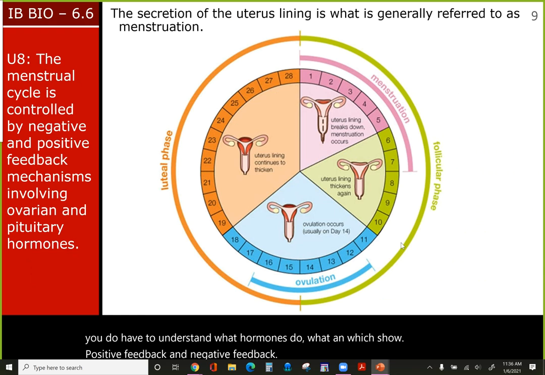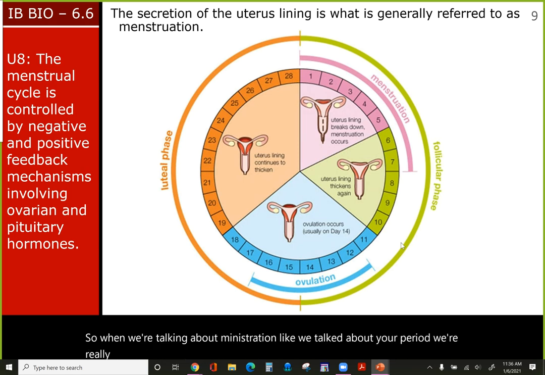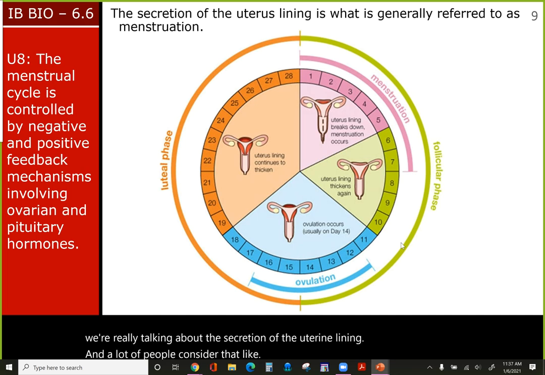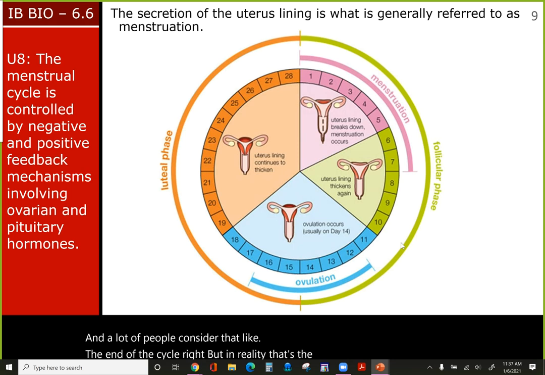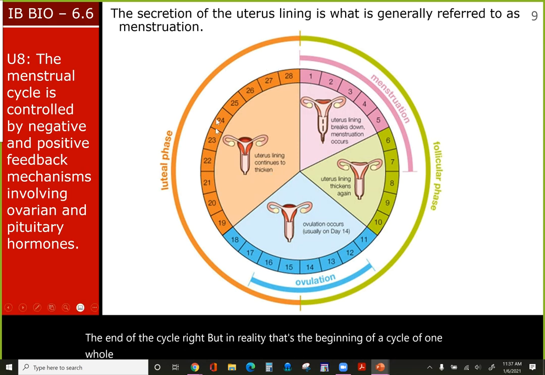So when we're talking about menstruation, like we talk about your period, we're really talking about the secretion of the uterine lining. And a lot of people consider that like the end of the cycle, right? But in reality, that's the beginning of one whole cycle. So you'll see, I have a series of diagrams that show the days, they show the phase, and they show kind of what's happening.